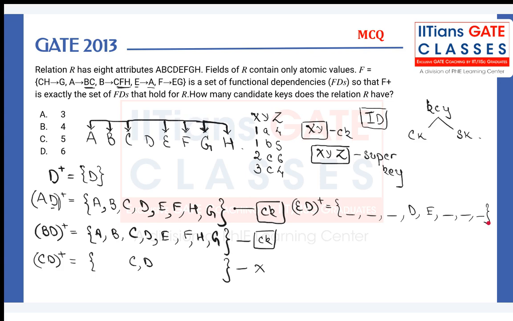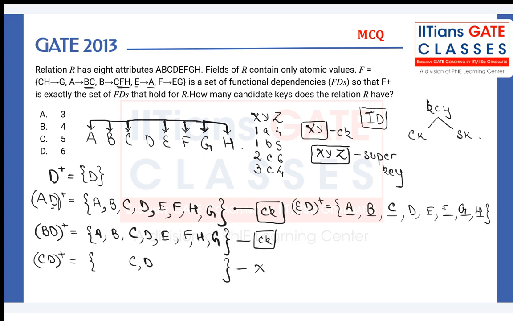Yes, because I have E. If I have capital A, I can get capital B, I can get capital C. If I have capital B, I can get capital F, capital H. Can I get G as well now? Yes, because I have capital F. So even this is one of the candidate keys.